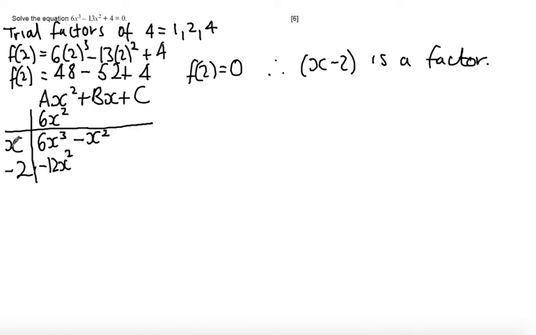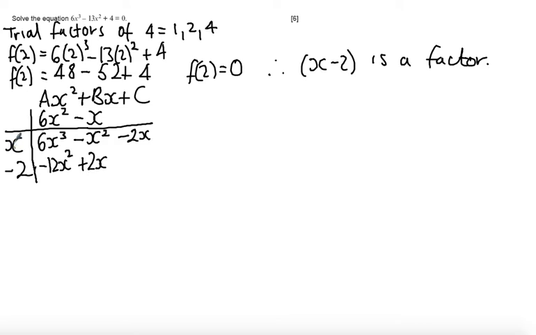What do I need to multiply x by to get minus x squared? I need to multiply by minus x. So I can fill in this bottom row: minus 2 times minus x is plus 2x. Now if we look at our equation, I've got no x. Here I've got 2x, so I'm going to need to take away 2x to make sure that in my final cubic I end up with no x.